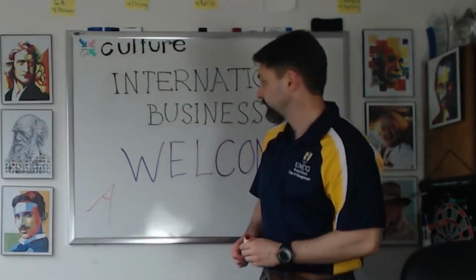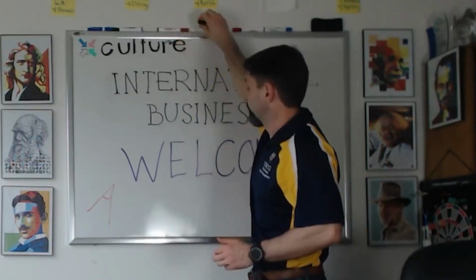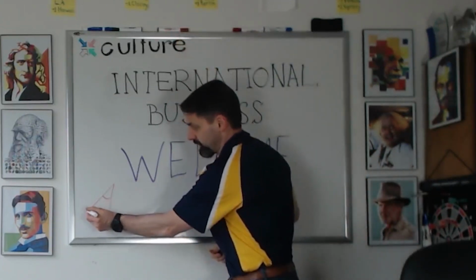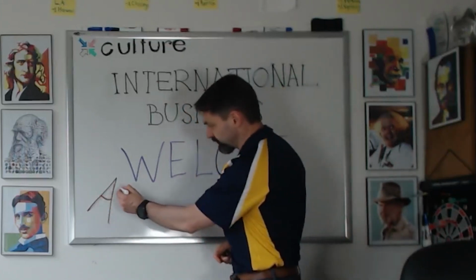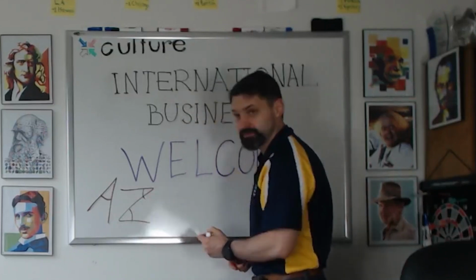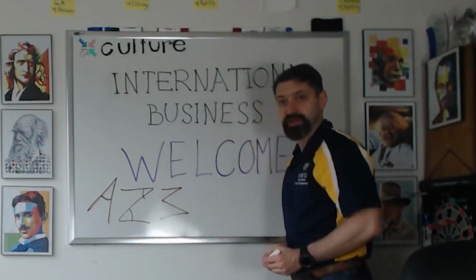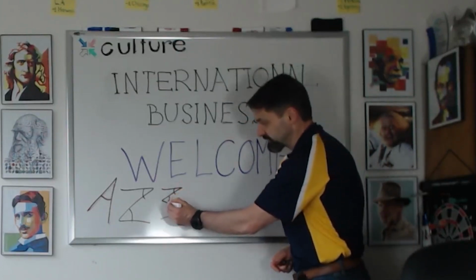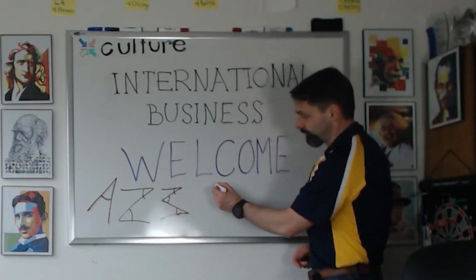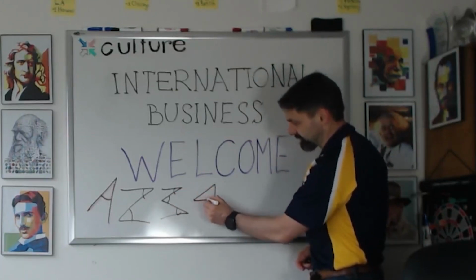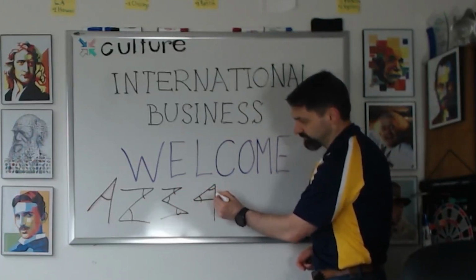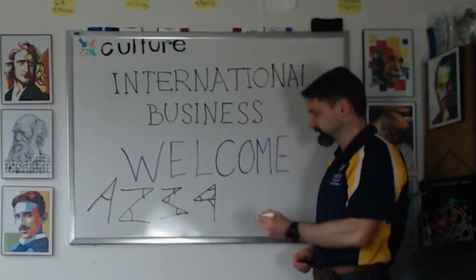Let me use the black marker, it's more visible. So 1 has 1 angle, right? 2 was like this. It has 2 angles, 1 and 2, right? 3 was like this. So it has 3 angles, 1, 2, 3. 4 was like this. It has 1, 2, 3, 4 angles, right?